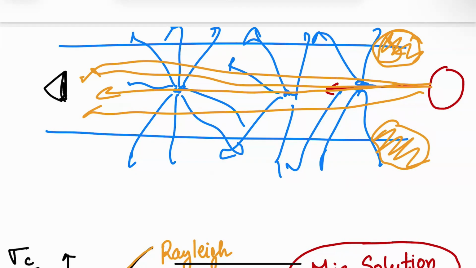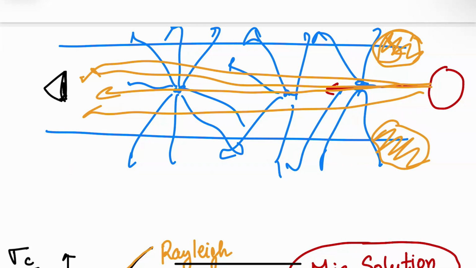So the probability of blue getting scattered is higher and higher, whereas the probability of red getting scattered is a little lower, quite a bit lower, because of the lambda to the 4 dependence. Right? And at every scattering, the decay in amplitude for the waves is actually higher. So when it gets scattered more and more, the decay as a function of distance becomes larger and larger.